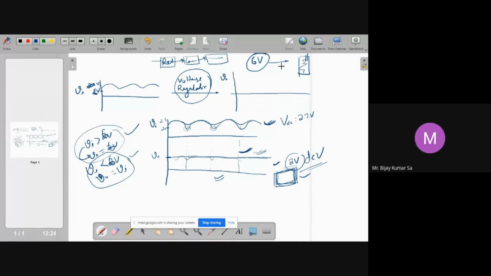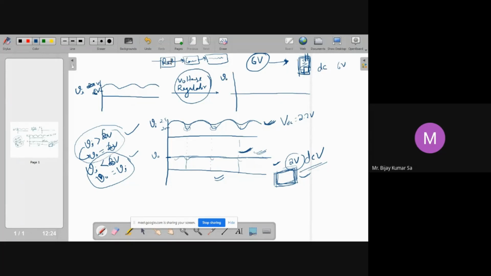Then you will get a voltage suitable to charge your mobile device, if the mobile device has been designed such that its battery charges with a DC signal of 6 volt.